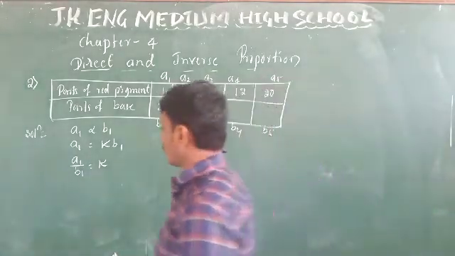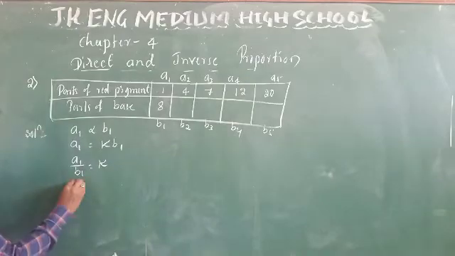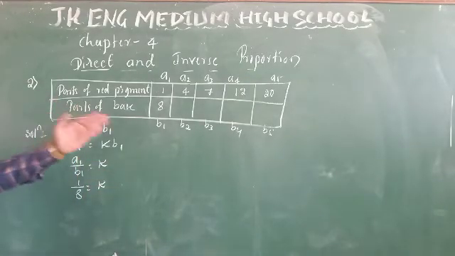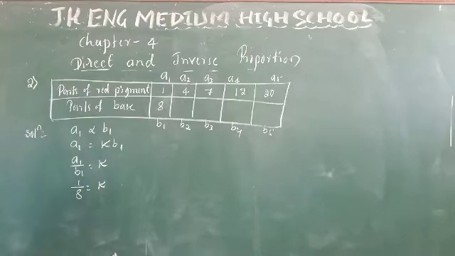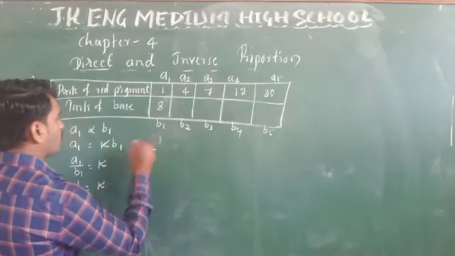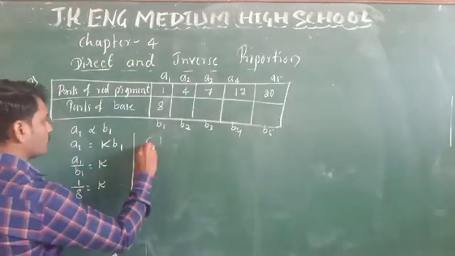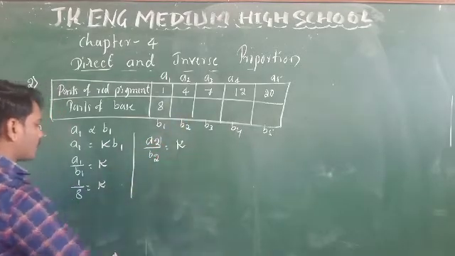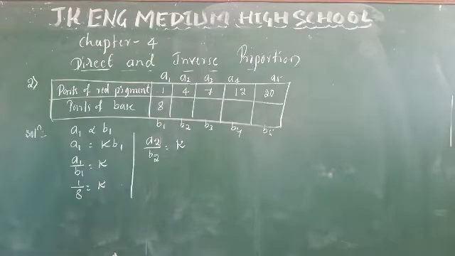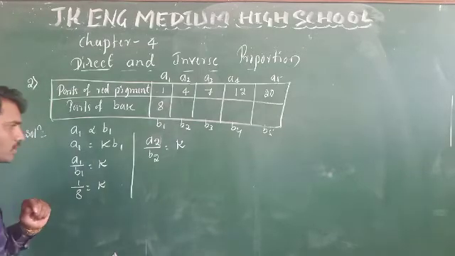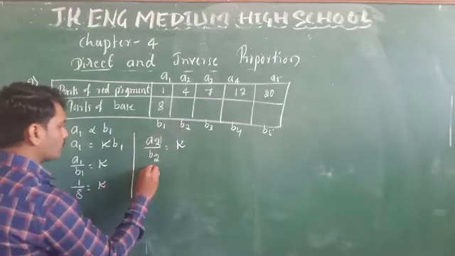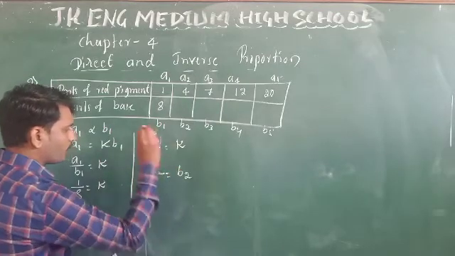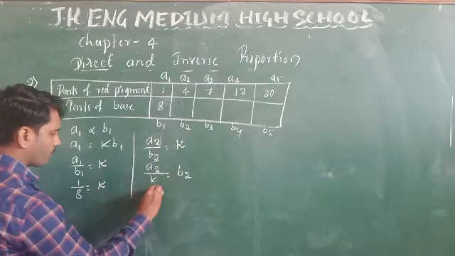Okay. So what is the A1 value? 1 divided by 8 is equal to K. Let us go to the B2. A2 upon B2 is equal to K. Yes, children. According to this, we should find the value of B2. That's why A2 divided by K is equal to B2. What is the A2 value? 4.